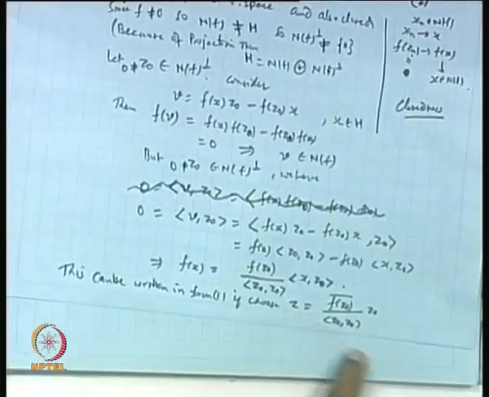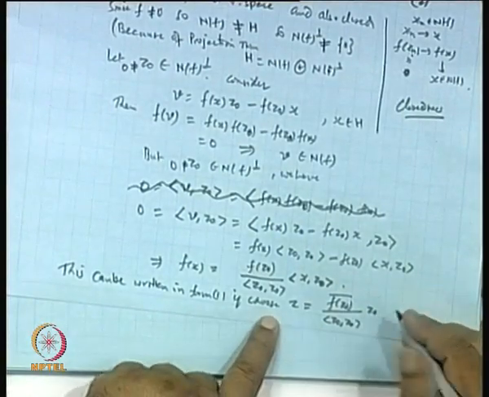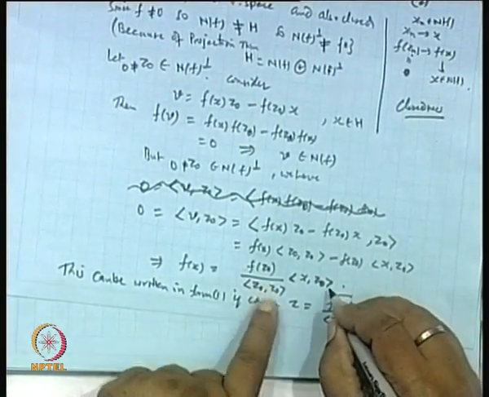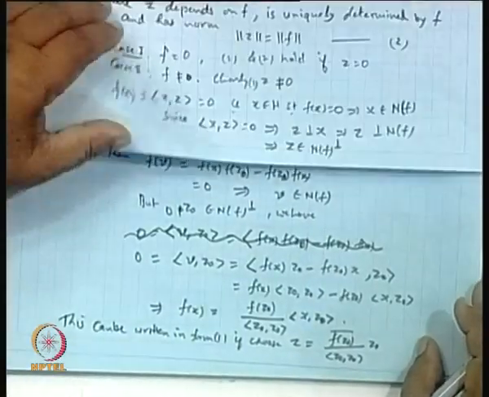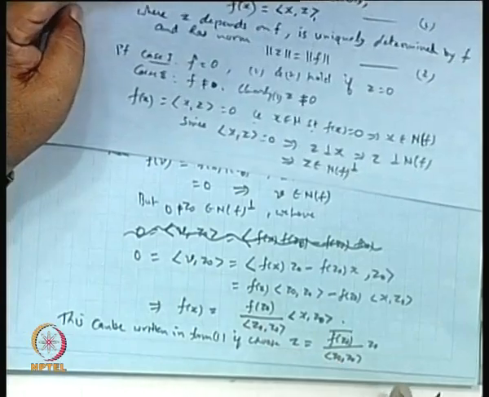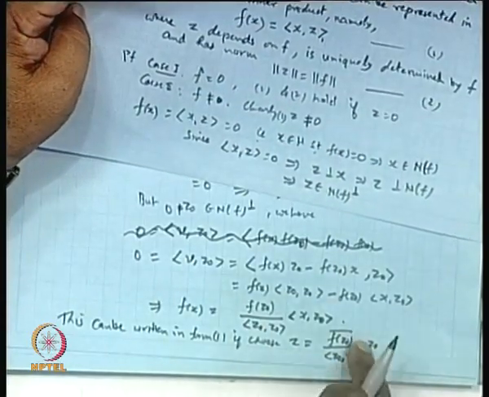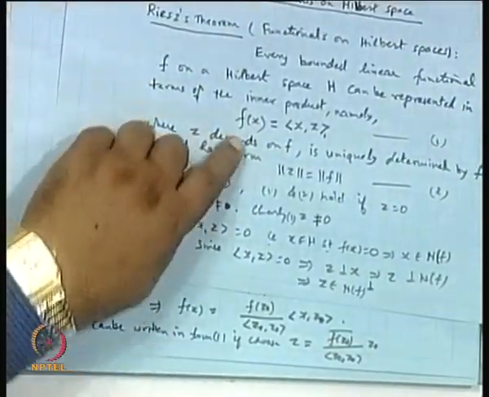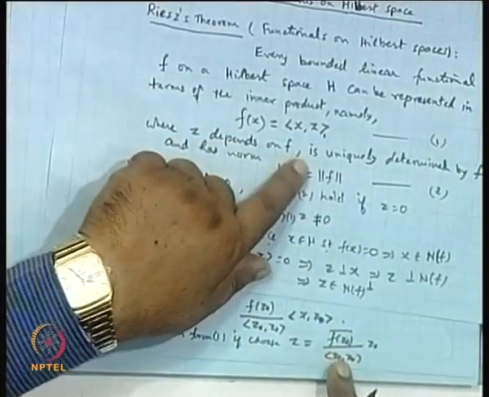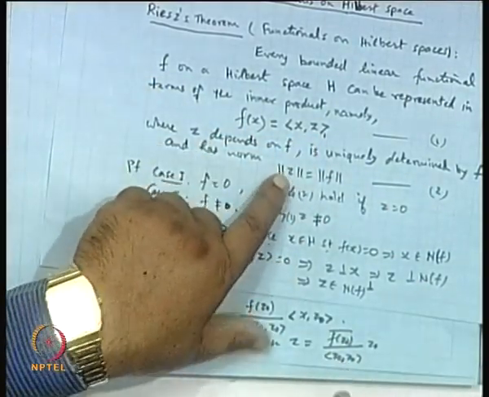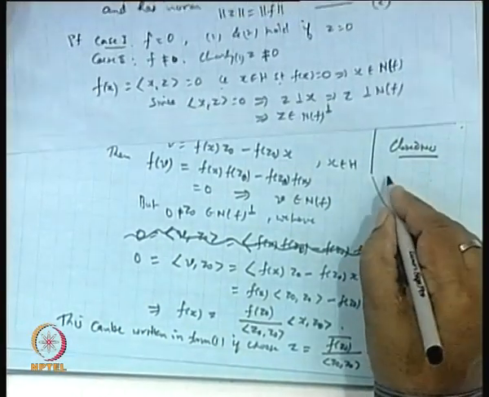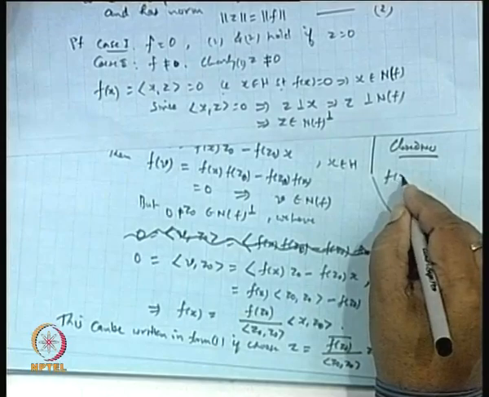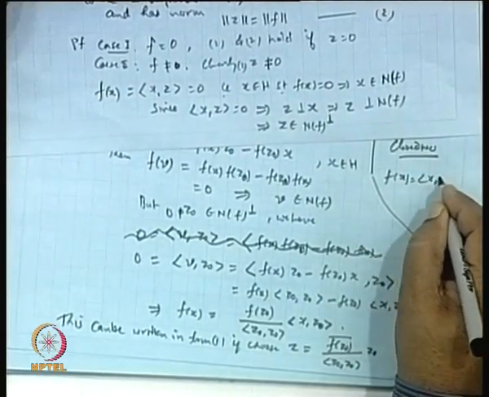So if f is given, and we choose z in this form and substitute it here, then this f(x) coincides with 1. You just see. Clear? So substitute this in 1. What do you get? In place of z you write this part.